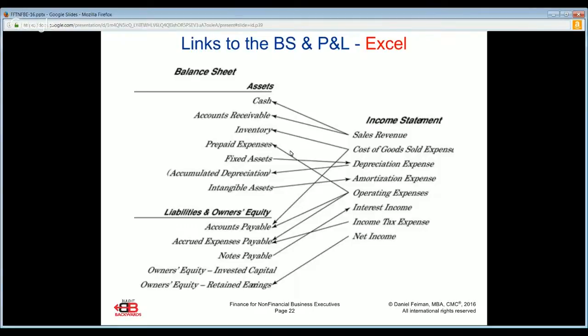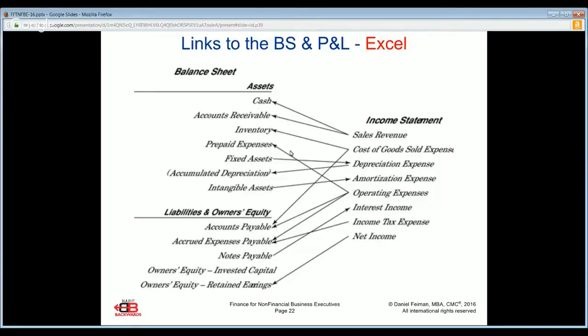So most of the line items on the income statement can be linked to the balance sheet, and several line items on the balance sheet can be linked to the cash flow statement. And as we'll see subsequently, the net income on the income statement, which if you'll notice is the last line on this slide on the right, is the first line to start the cash flow statement.